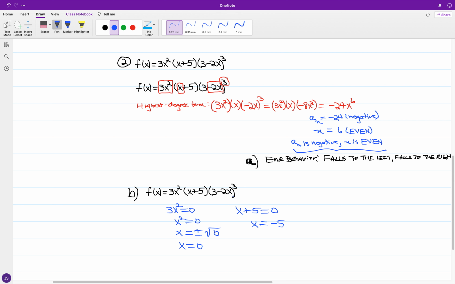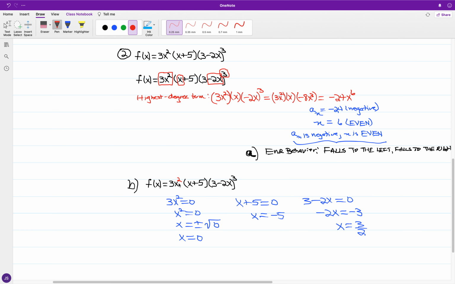And for 3 minus 2x to the third, we have 3 minus 2x equal to 0, so negative 2x is equal to negative 3. With division by negative 2, x is equal to 3 halves or 1.5. So we have, again, 3 distinct zeros. I'm just going to stress the degrees here.